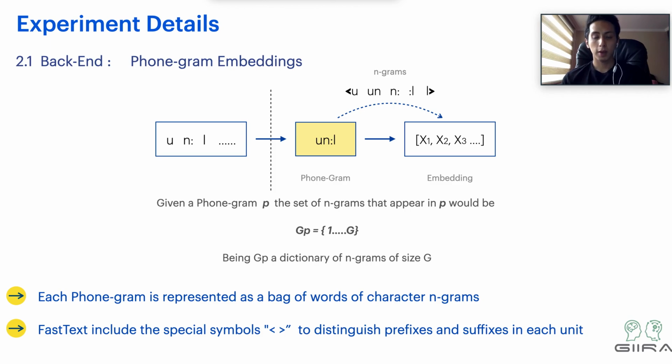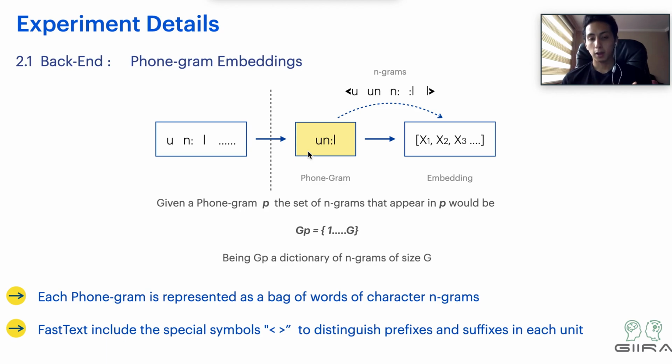So once we have obtained the phoneme sequences, we create the phonogram concatenating the phonemes that were obtained by the phoneme recognizer. And once we have the phonogram, we represent this unit as a bag of n-grams. So in this way, we use these low order n-grams and the original phonogram to make the embedding that represents this unit.